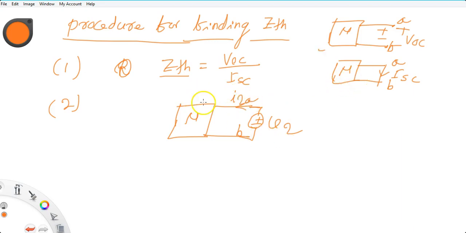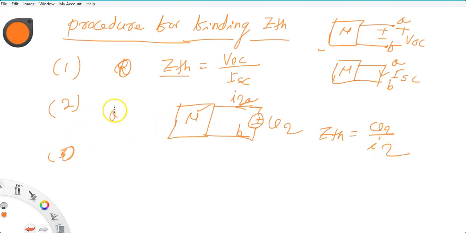In this case, you have to replace the independent sources with their internal impedances, and dependent sources, if any, will be operating in the network. So your ZTH will be V2 upon I2.